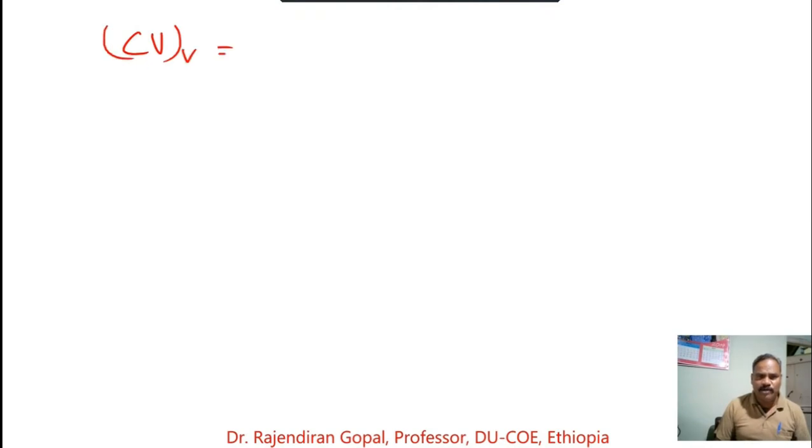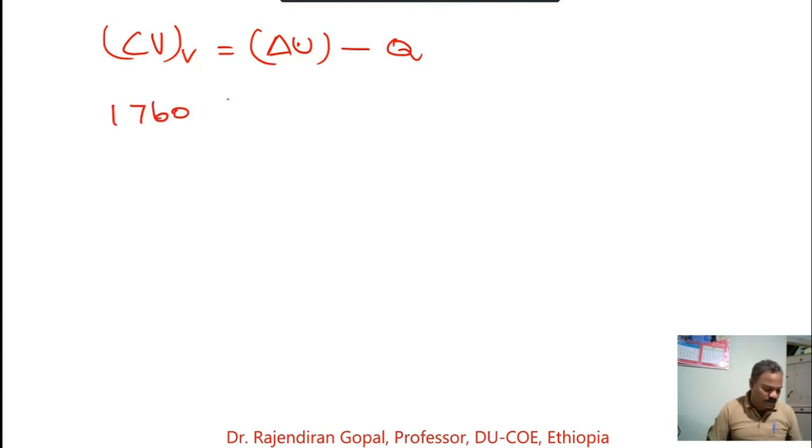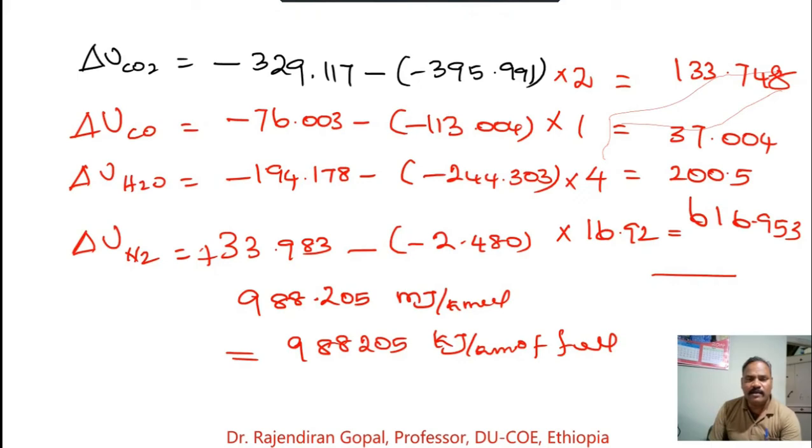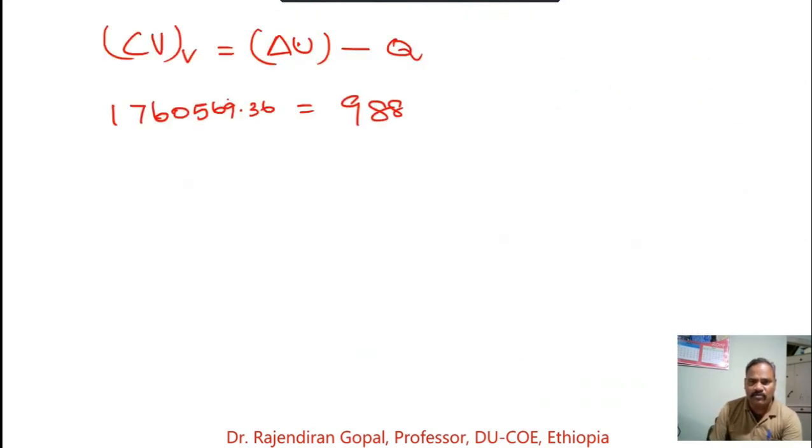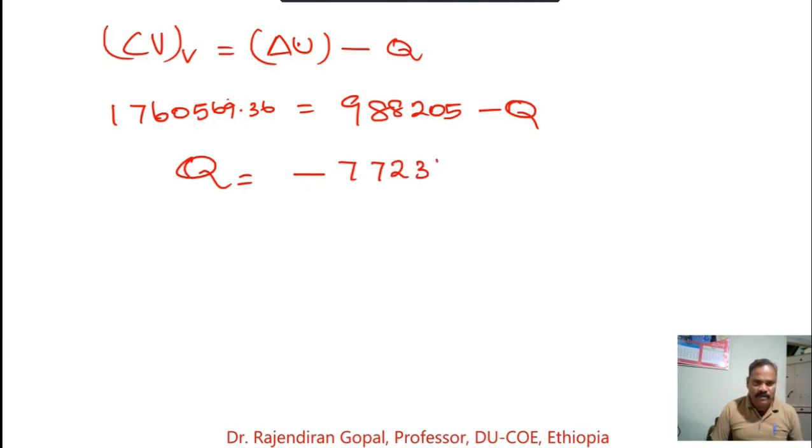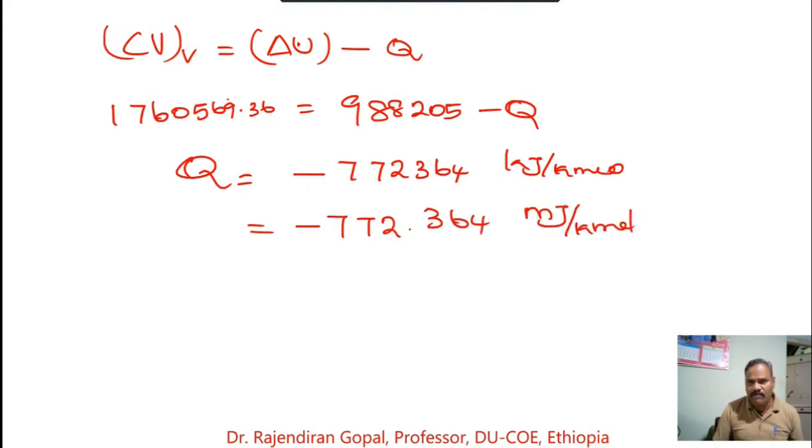Calorific value at constant volume is equal to delta U of reaction minus Q. So 1760569.36 is equal to delta U, which is 988.205, minus Q. Then Q is equal to minus 772,364 kilojoule per kilomole, which is equal to minus 772.364 megajoule per kilomole of fuel.